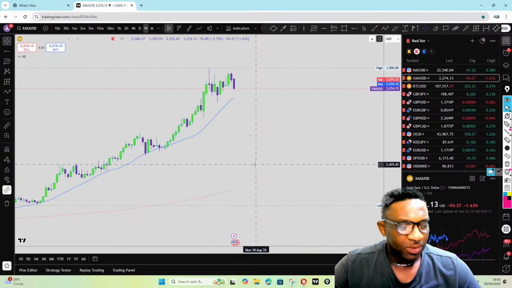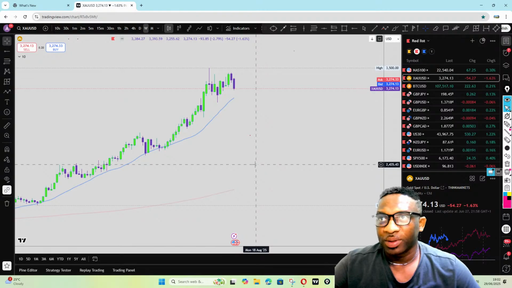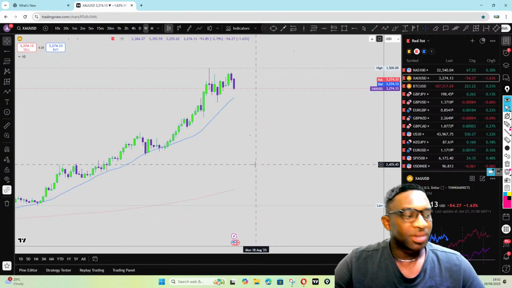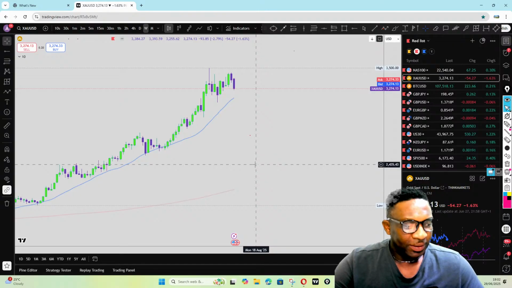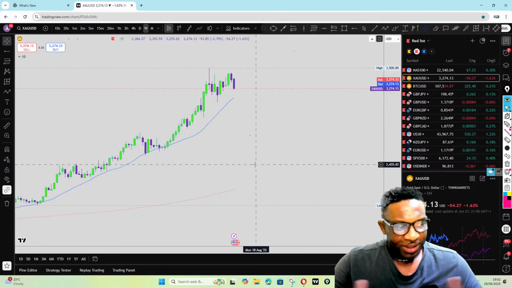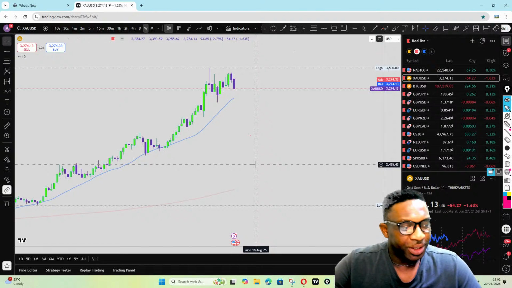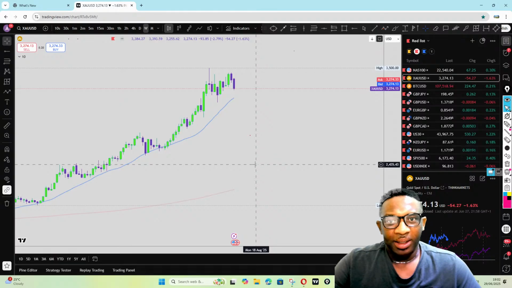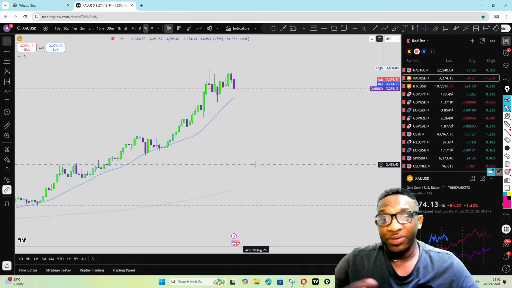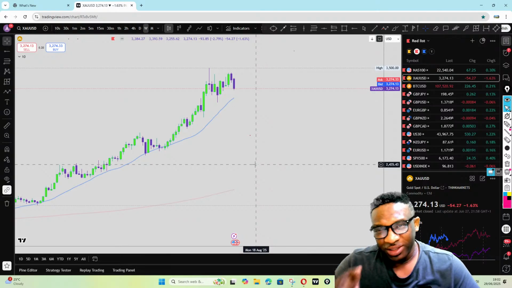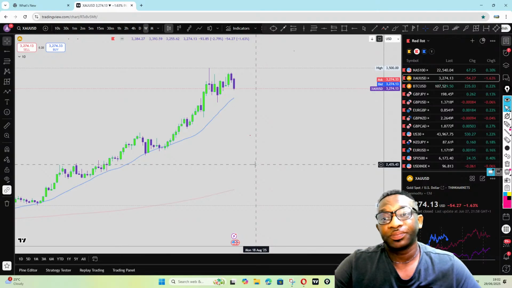Well, let me just give this quick one before we go through it. The reason why we need to do a top-down analysis is to give us a context to work with. It also gives us confidence to approach our trading, as we build that narrative on where price is likely to go, or the direction price is likely to go, or the exact location price is likely to hit.